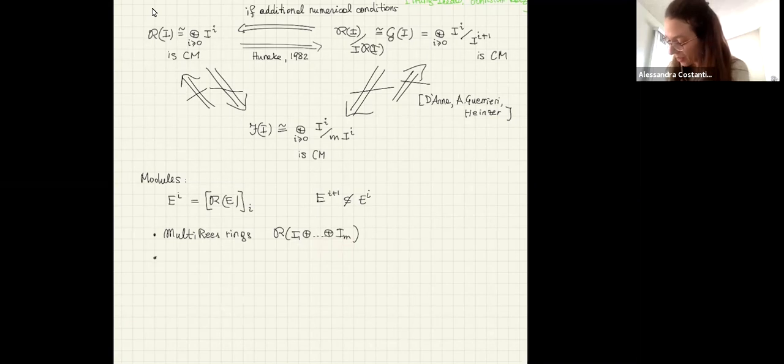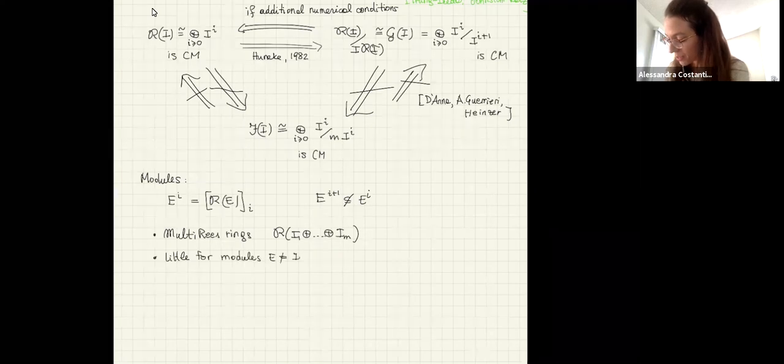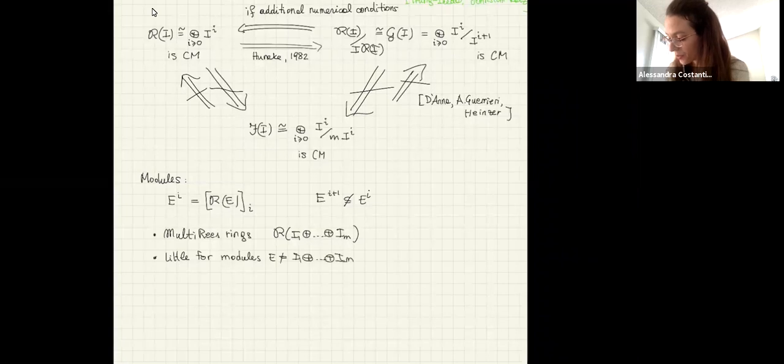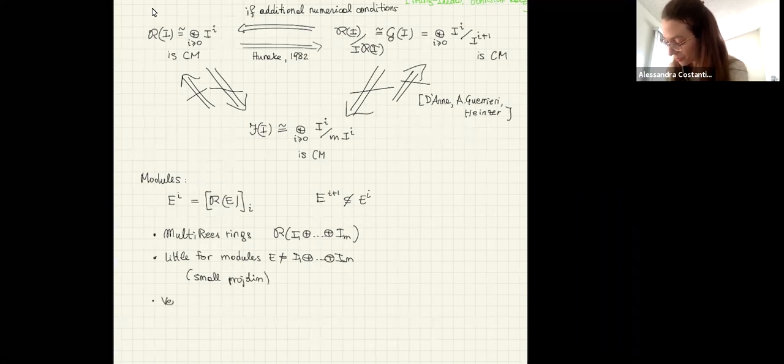And very little is known for modules that are not a direct sum of ideals, something like with small projective dimension. And very little for fiber cones.